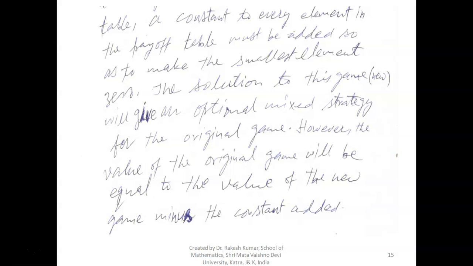Okay, and then whatever value we get, that will be the value of the game. So from that value we have to subtract the constant that we have added in the table in order to get the value of the original game. However, the optimal strategies will be obtained as they are.